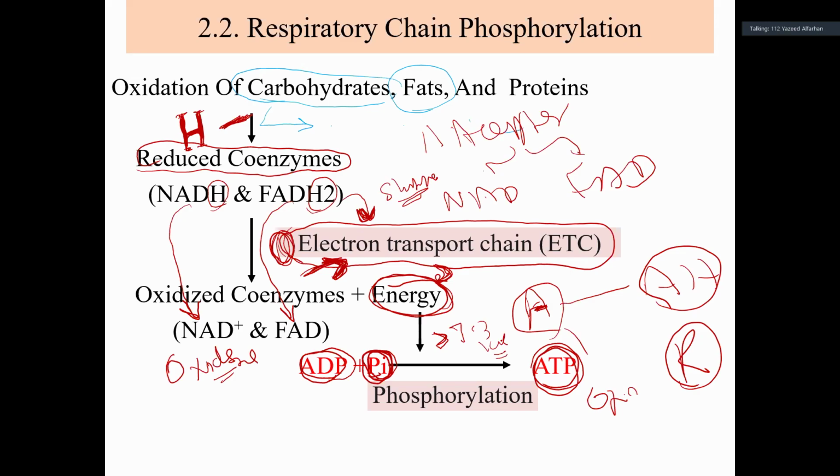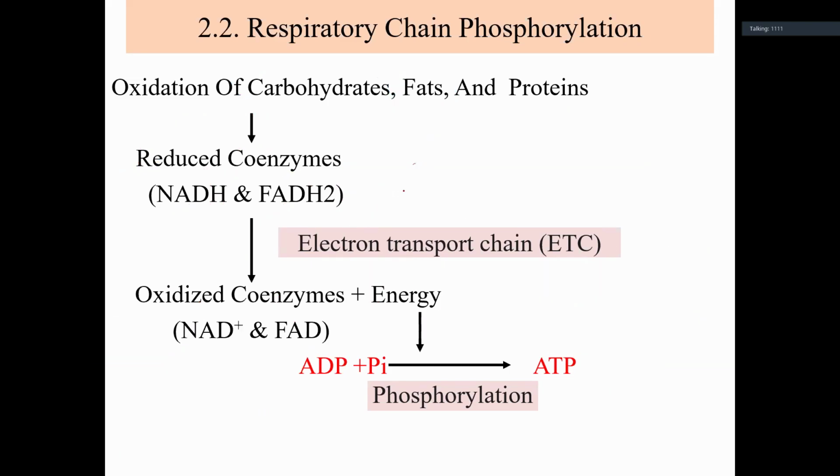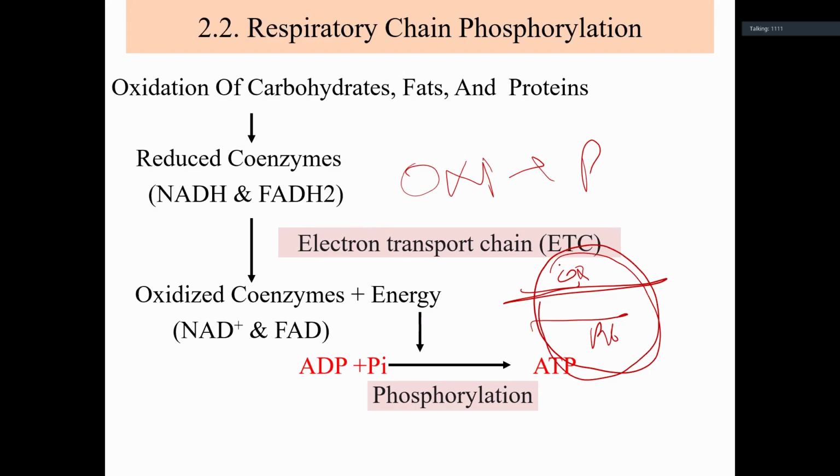Yes, clear. So this process from here to here is oxidation, and this is phosphorylation. That's why we say oxidation and phosphorylation are joint processes, side by side. This is oxidation on the top and this is phosphorylation down, and they are joint processes.